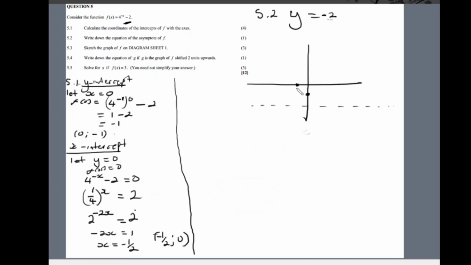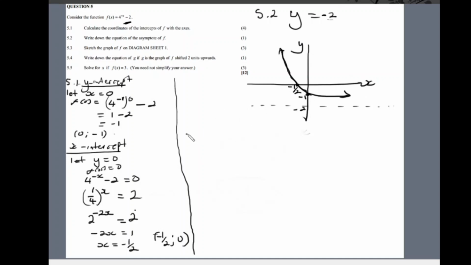And then from there on I will just connect my two points, right? So my graph will have a decreasing shape. My graph is a decreasing function, right? This is -2, that is -1, that is -1/2. Okay, this is my y-axis, that is my x-axis, right?